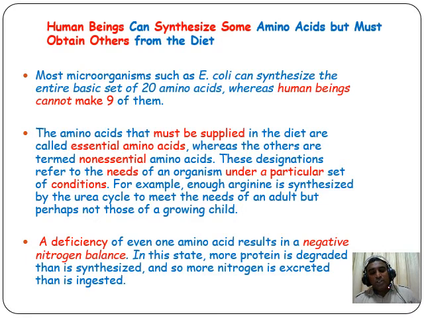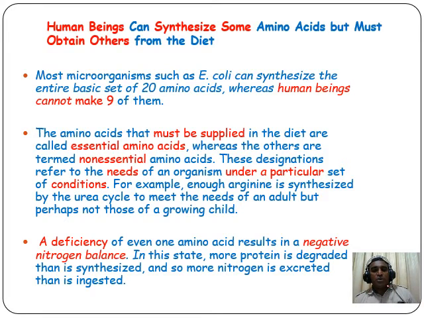Conditional amino acid, one example is arginine. In humans, arginine is insufficient in babies or growing children. But when already grown up, arginine is sufficiently provided by the urea cycle, and therefore the amount is sufficient.